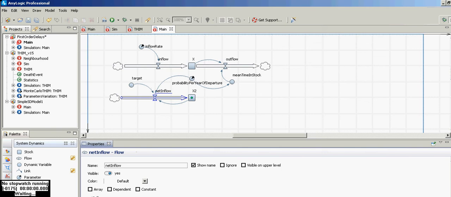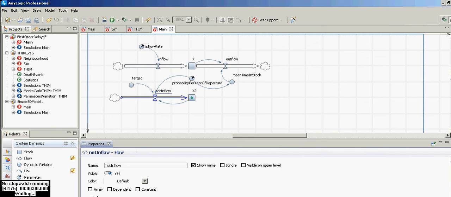Ultimately, what value will X2 hold? Riddle me this. At what net inflow will X2 be held constant?